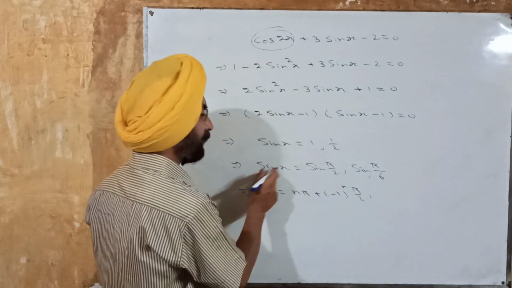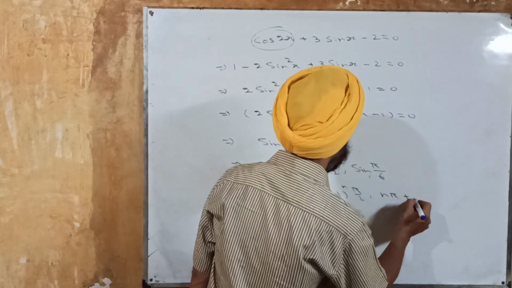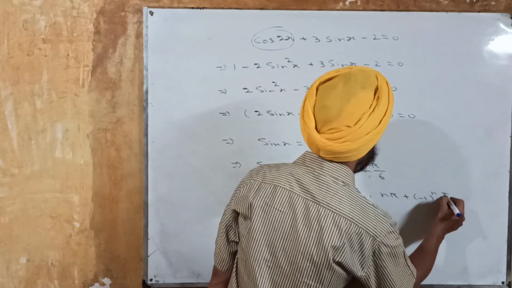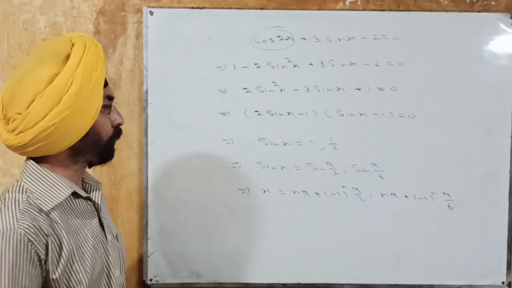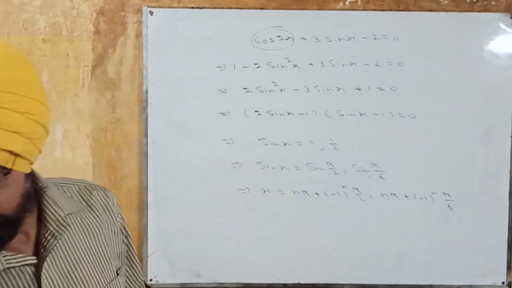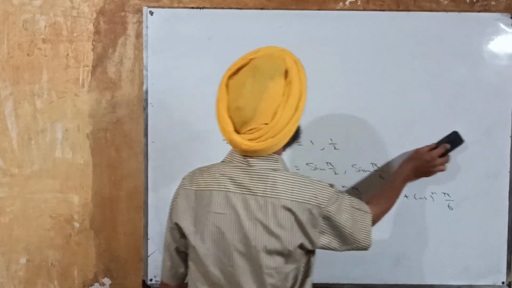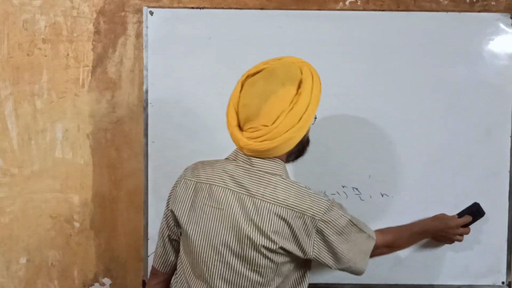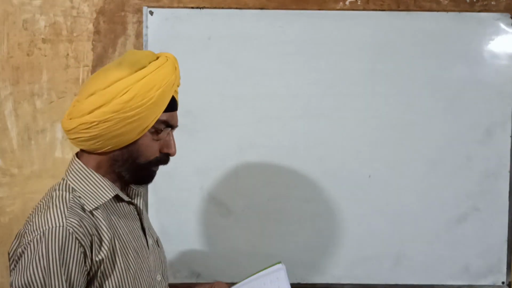And if you take sin x is equal to sin pi by 6, you will get n pi plus minus 1 raised to the power n pi by 6, which will be the complete solution to this trigonometric equation. So more trigonometric equations I am going to solve, and I may give you one or two more trigonometric equations as exercises for you.